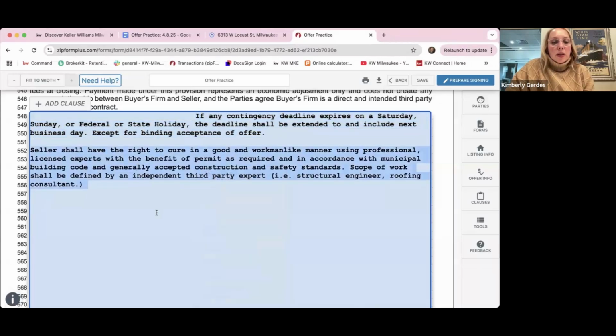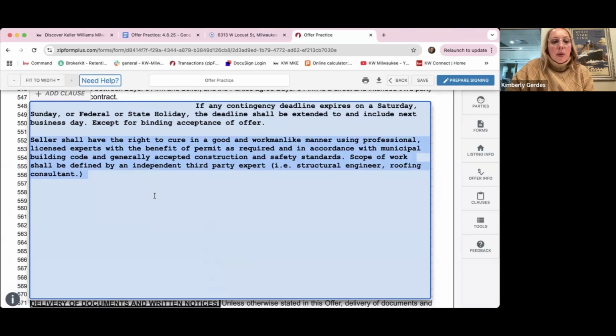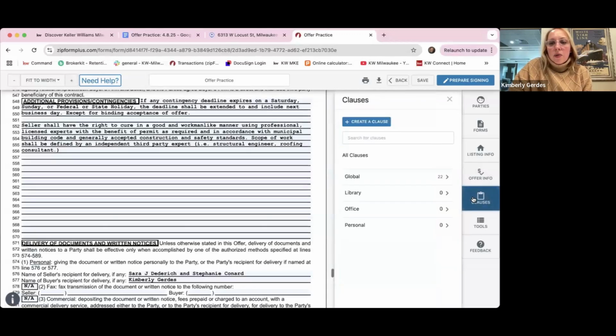But then I also added some of this language in here as it pertains to how a seller might cure a repair. Since we're having a home inspection and we're giving the seller the right to cure, I like to add a little bit more language here, like they have to use a professional licensed expert. How I got this language is by clicking on clauses. I go to global.